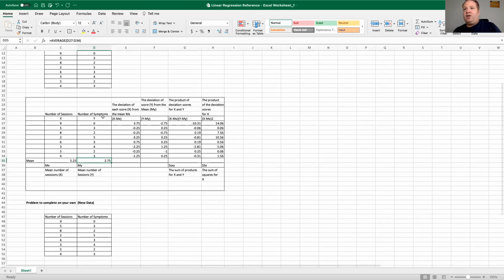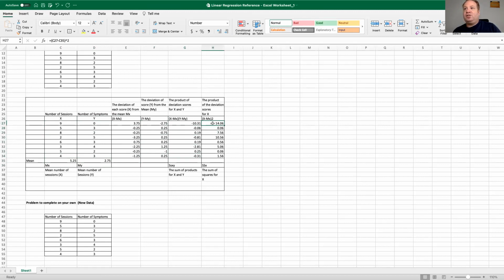So what we're talking about is this X minus this mean right here. So I'm taking 9 minus this, 5 minus this, etc. for this column. This one is Y right here minus the mean, 2.75, to get these values. Then this right here, we're multiplying these two to get these numbers.